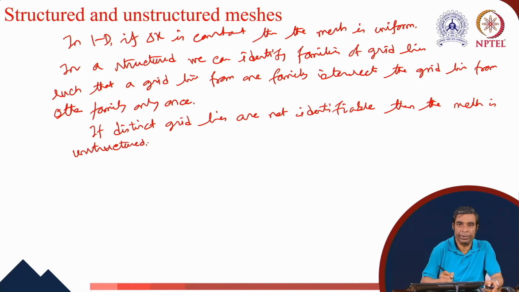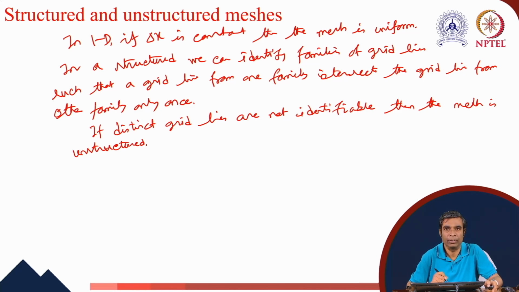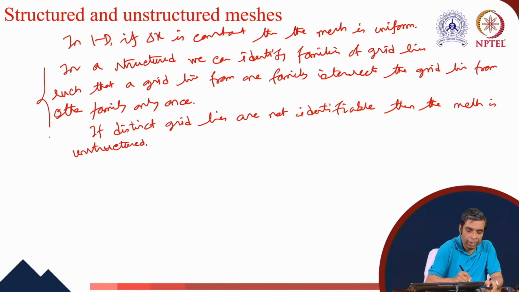It indicates that in an unstructured mesh, we don't identify a structure or a pattern. When we talk about structured and unstructured mesh, we talk about 2D or 3D problems. If we go for a structured mesh, we have already classified the structured meshes.